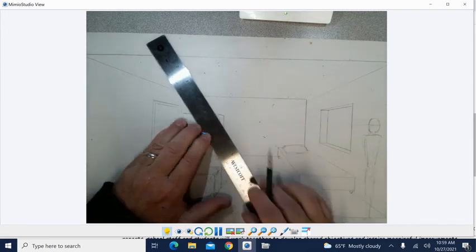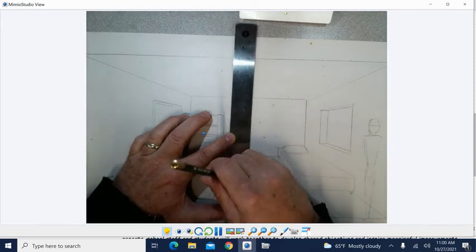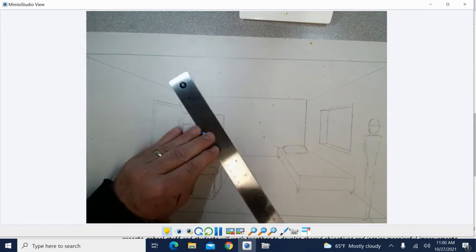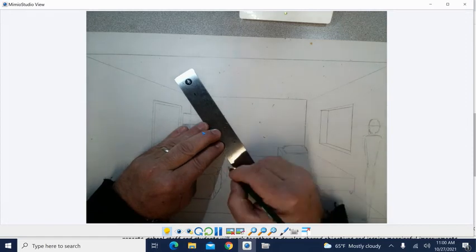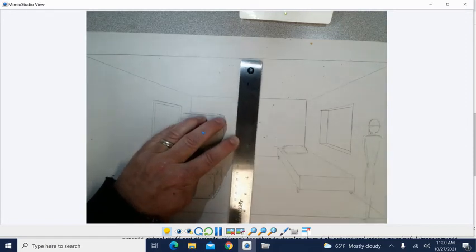If you use that same angle, draw that same diagonal, it will let you know where to put the next line. And then again, you copy that angle, move it forward, and it lets you know where to draw the next line.